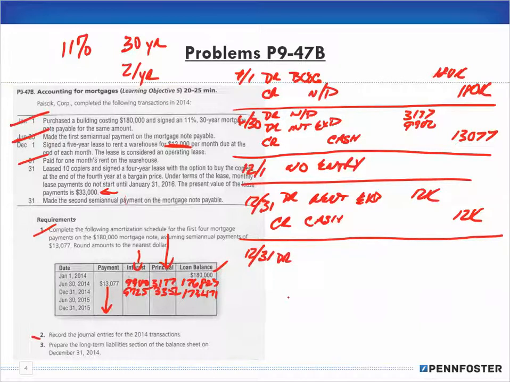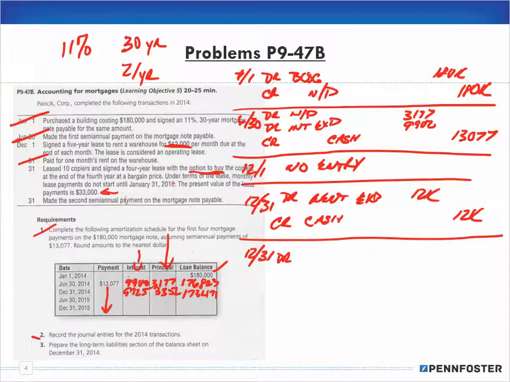We're buying equipment. Even though the equipment is going to be used in the operation of the business, it's something that we're going to own, right? Because we have the option to buy the copiers at the end of the 4th year. If we didn't have that option to buy, then that would make it an operating lease.